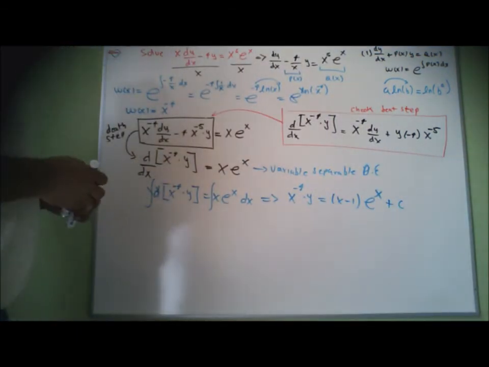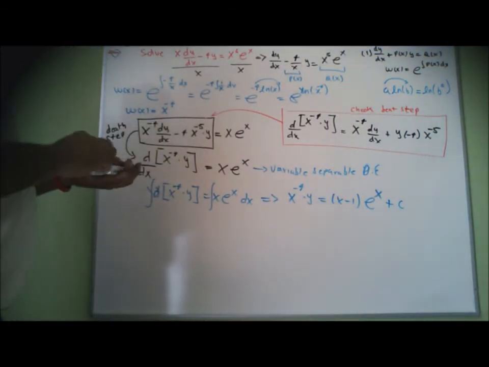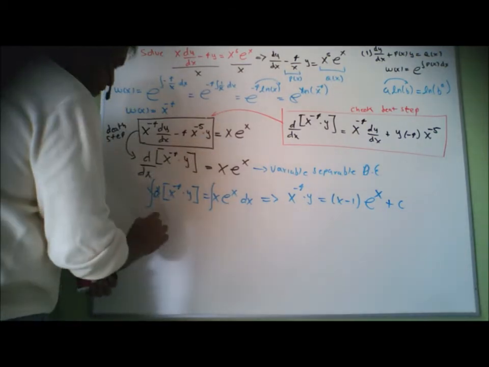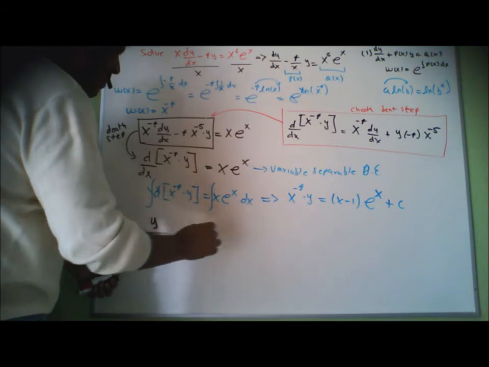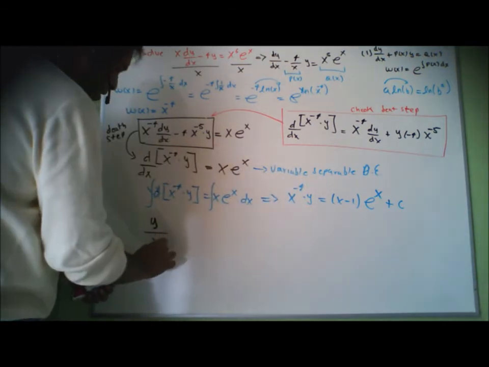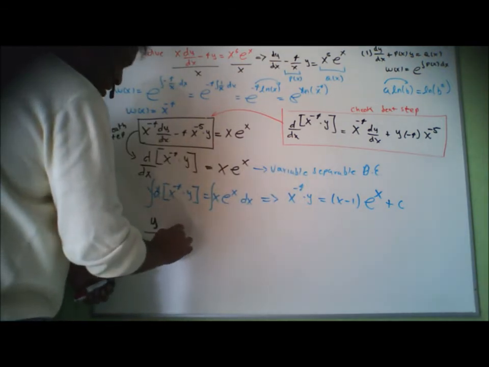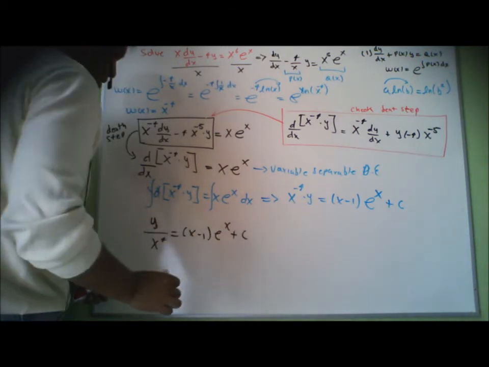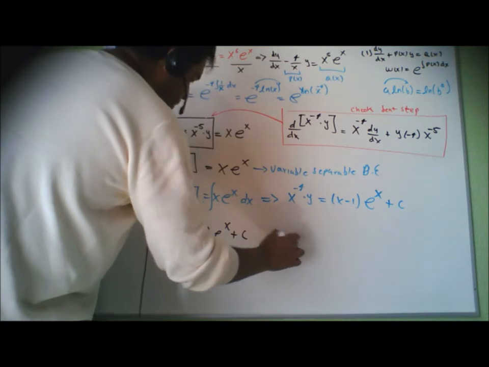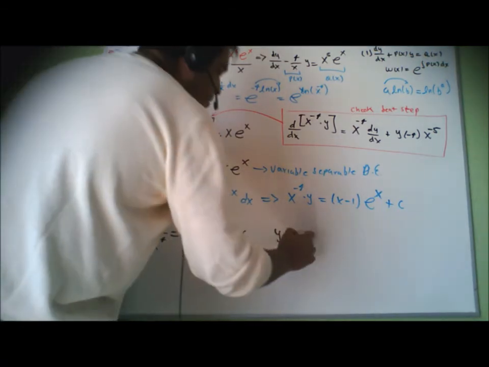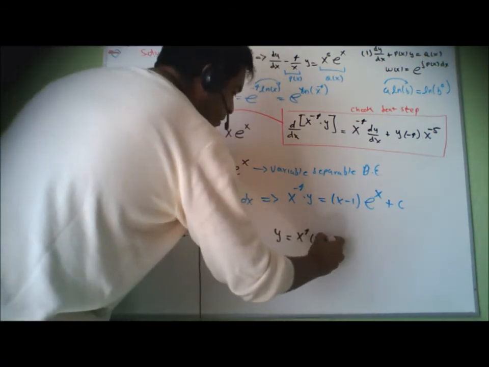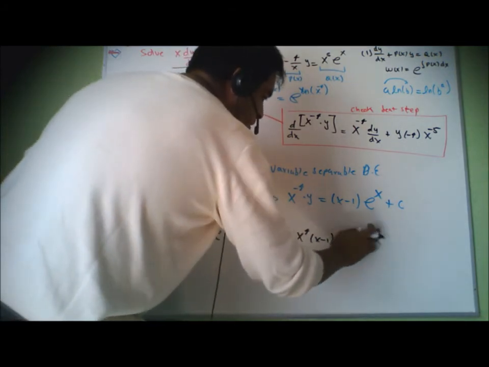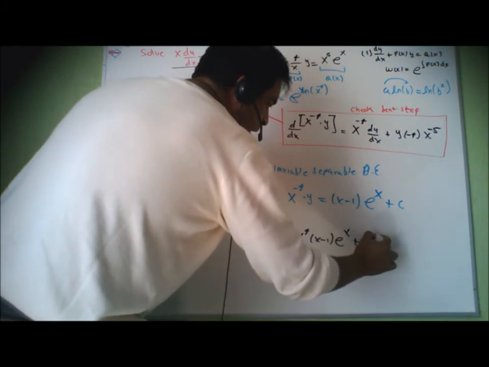I highly recommend you have the table of integrals at hand so that you can use it, and plus the constant. Alright. Okay, so now let's clear the y. You have y over x to the power minus 4, which is actually x to the power 4 in the denominator, equal to x minus 1 exponential of x plus the constant, and then y is equal to x to the power 4 times x minus 1 exponential of x plus the constant times x to the power 4.